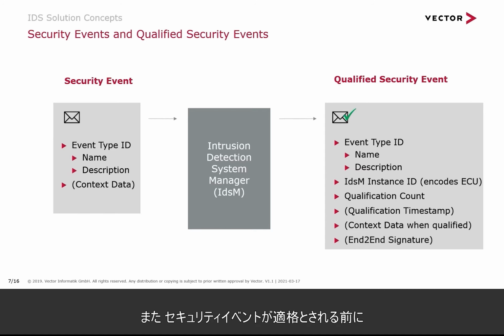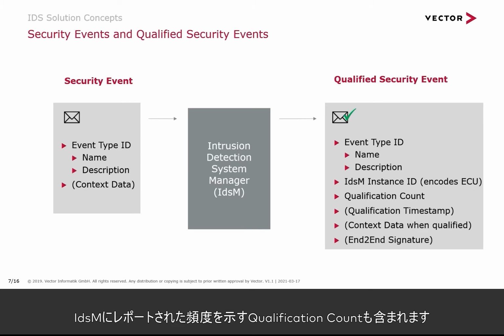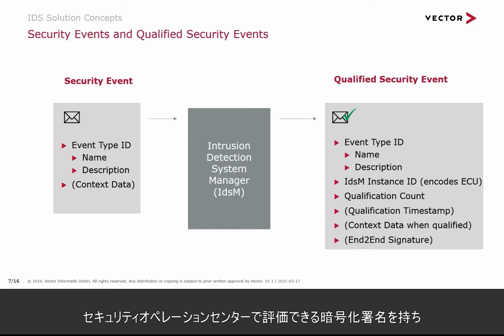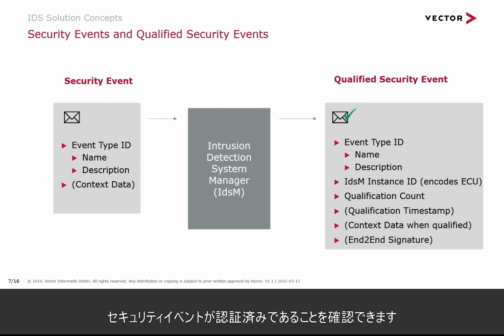It also includes a qualification count that describes how often the security event was reported to the IdsM before it was qualified. Each qualified security event can optionally have a timestamp, the context data at the point in time when it was qualified, and optionally it can have an end-to-end signature. So a cryptographic signature which can be evaluated at the Security Operations Center to make sure that the security event is authentic.